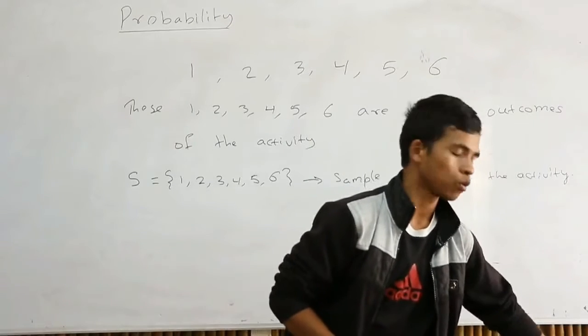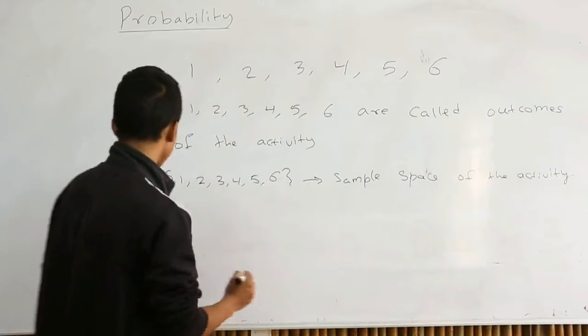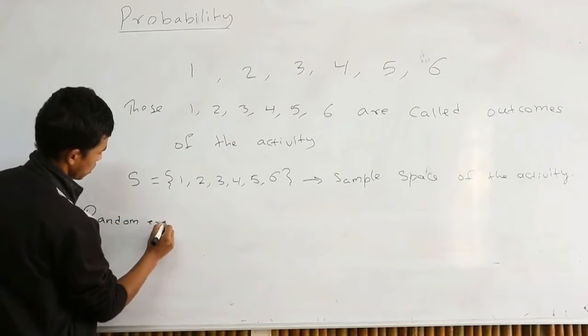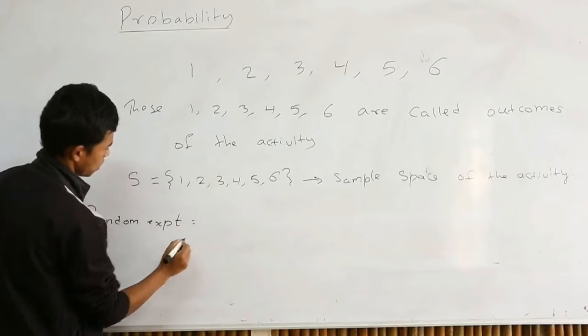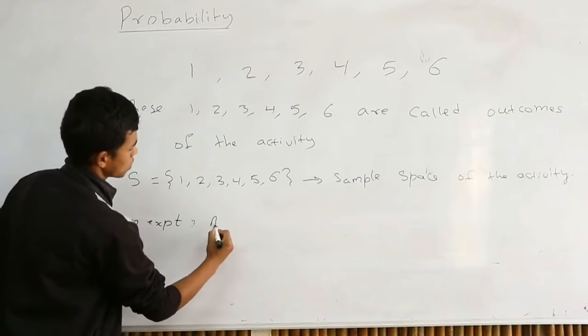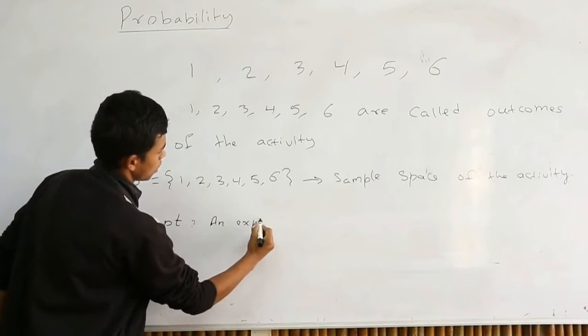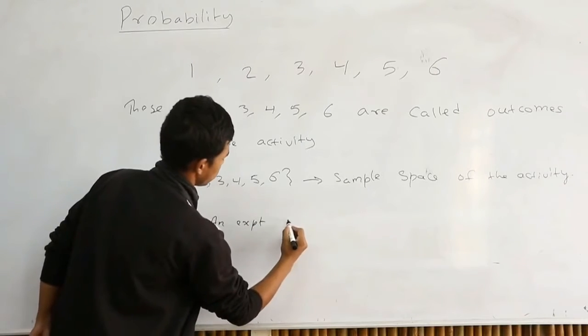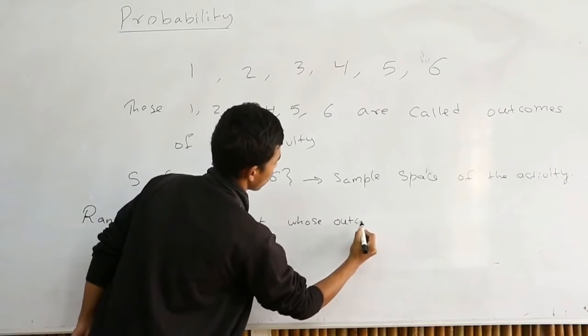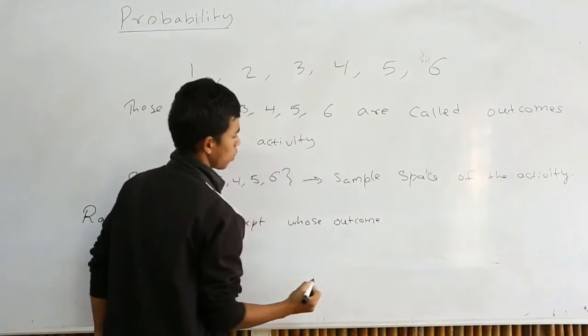So in general, we can define a random experiment as an experiment whose outcomes cannot be predicted in advance.